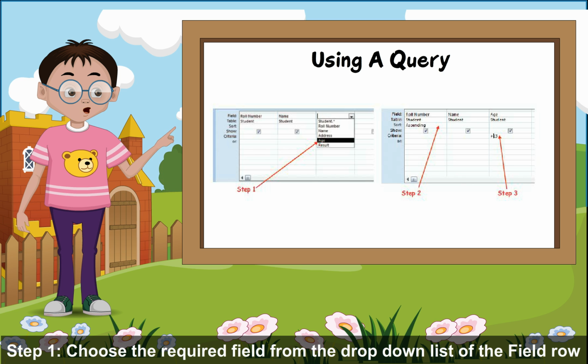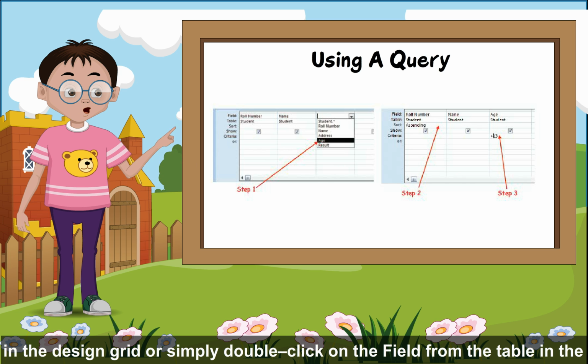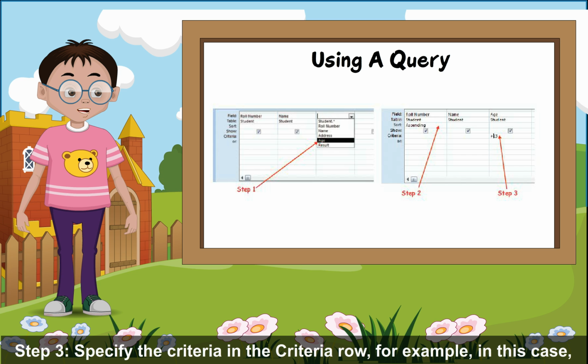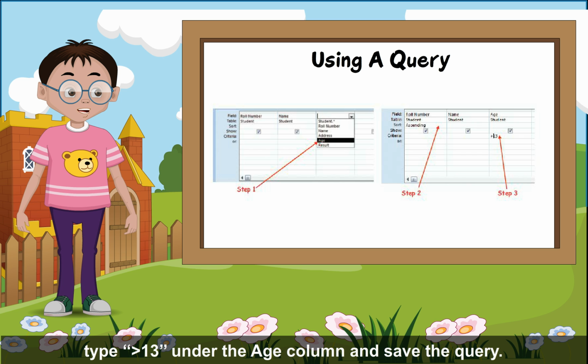Choose the required field from the drop-down list of the field row in the design grid, or simply double-click on the field from the table in the top pane. Step 2. Select the order of sorting in the sort row. Step 3. Specify the criteria in the criteria row. For example, in this case, type >13 under the age column and save the query.